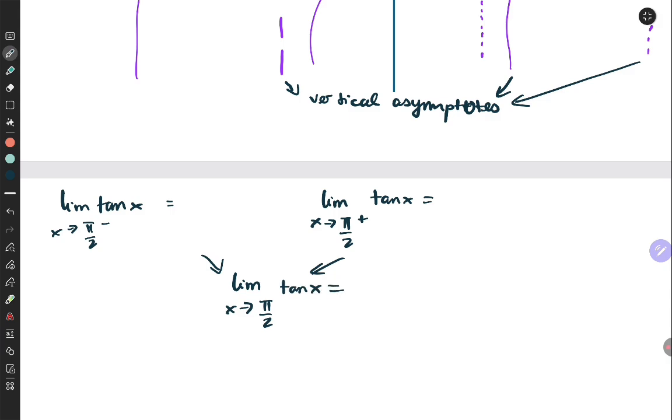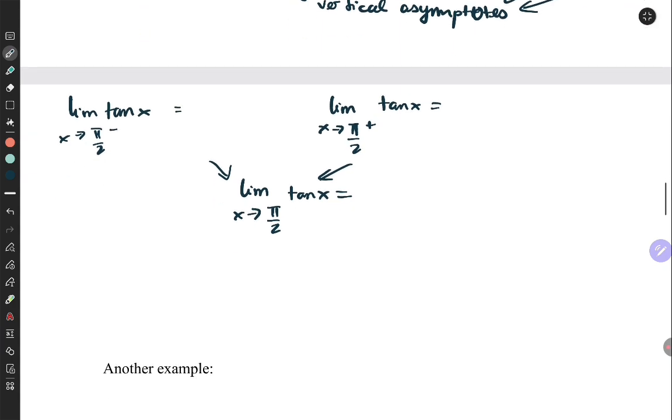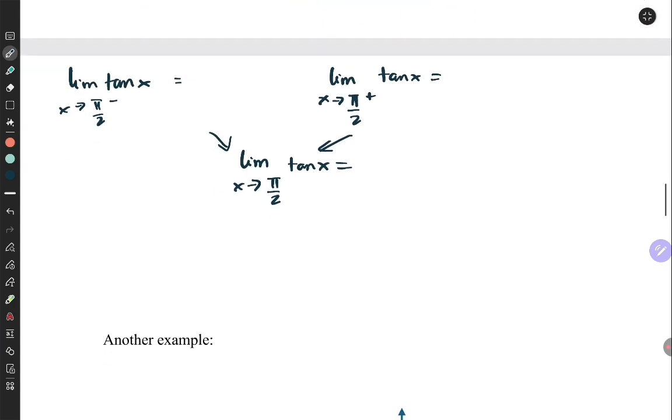I'll let you fill in the blank. Coming from the left, coming from the right, very simple. From both sides.